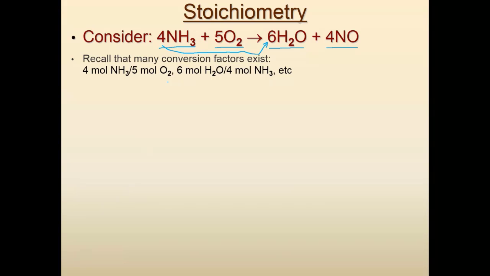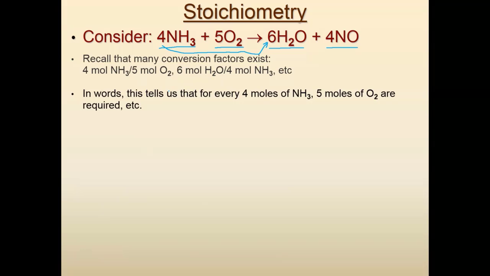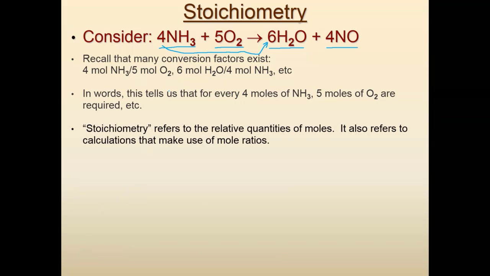So 4 moles of NH3 is going to need 5 moles of oxygen to react. 6 moles of water will require 4 moles of NH3 to react, etc. So stoichiometry is kind of a big $5 word for relating relative quantities of moles using a balanced equation.